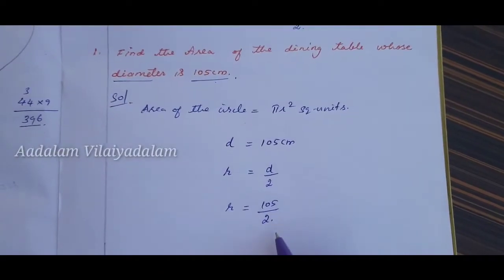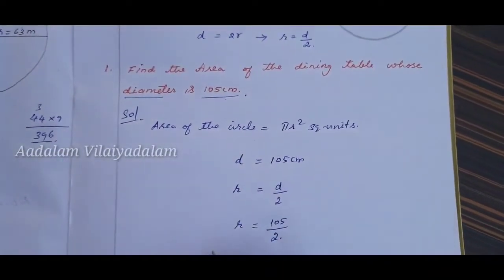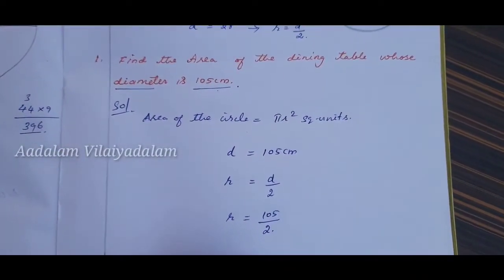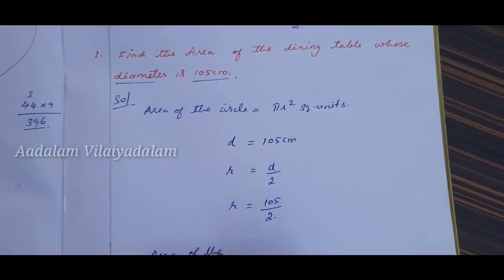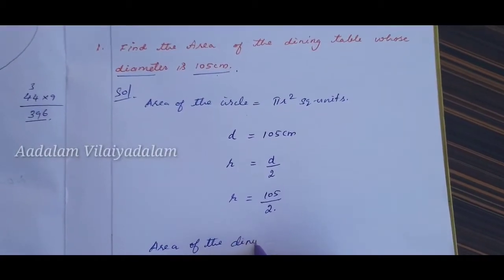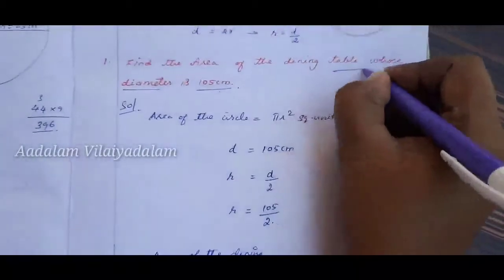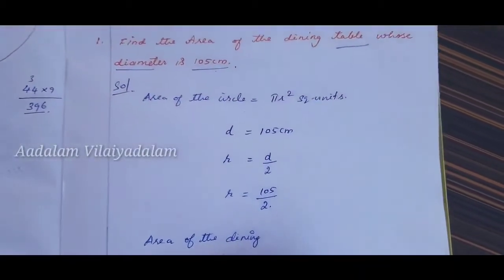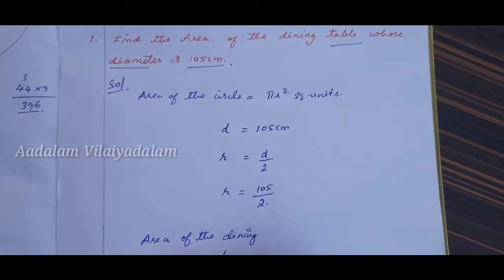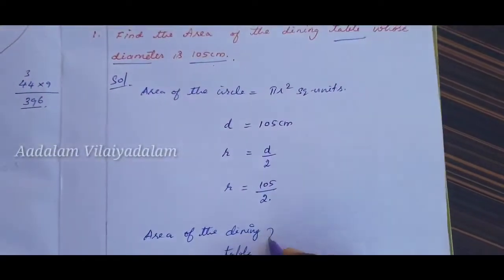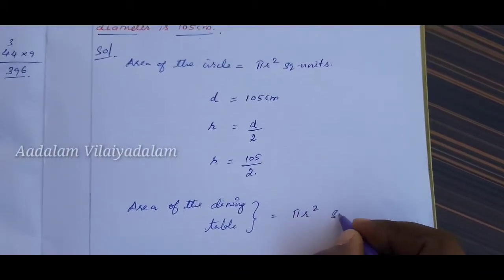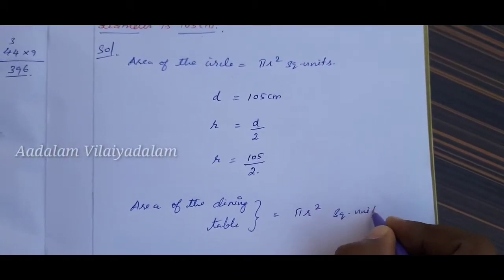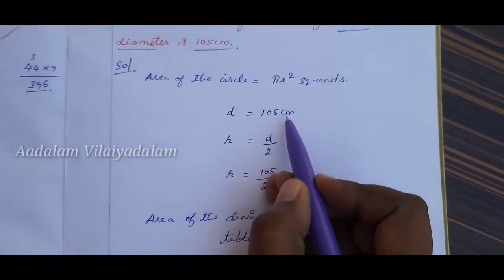Now let's substitute this value in the formula, that is, the area of the dining table we need to find, isn't it? So area of the dining table is equal to pi r squared square units. Here the given unit is centimeter.